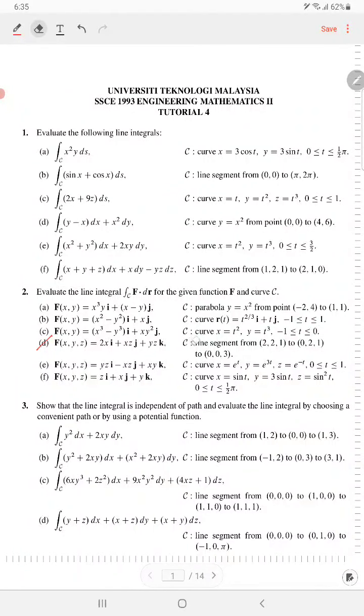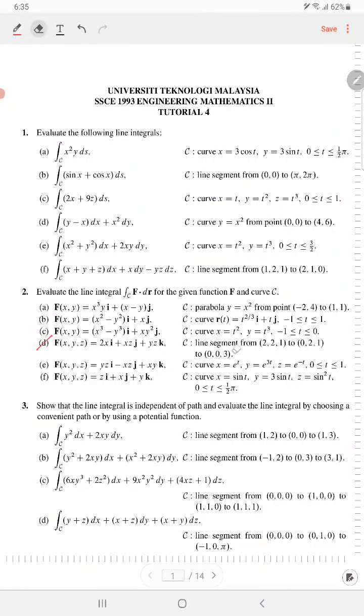So here your curve consists of two line segments really. One segment connects the point 221 to 021, and another line segment connects the point 021 to 003. So our curve C here is really a piecewise curve.